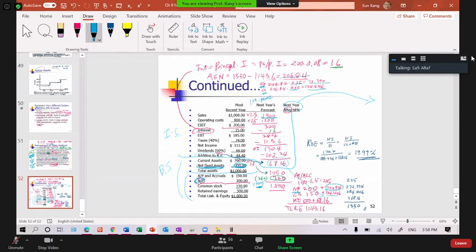Professor, I have a question. For this particular question, why did we use the principal, the notes payable, to find the interest? Oh, that is not just for this one. This is a general statement. Interest is principal times interest rate. But for this particular question, principal is only notes payable because there is no long-term debt.